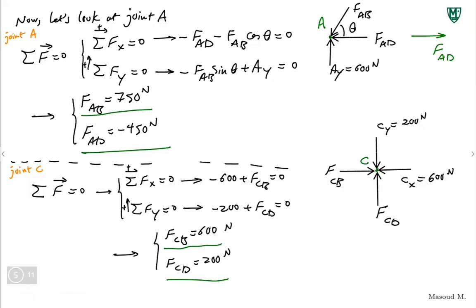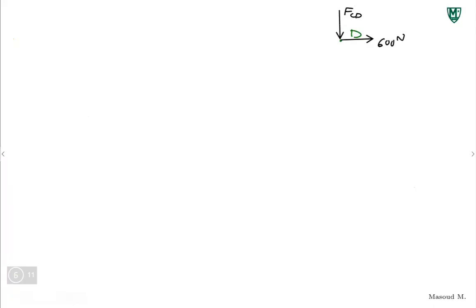So I'm just going to go with the correct direction, what we got at the end, right? This direction. We said that should be the correct direction for FAD, meaning that member AD is under tension. So if it's under tension, I have to put it this way. There you go.